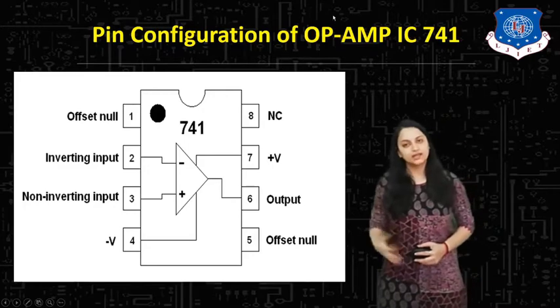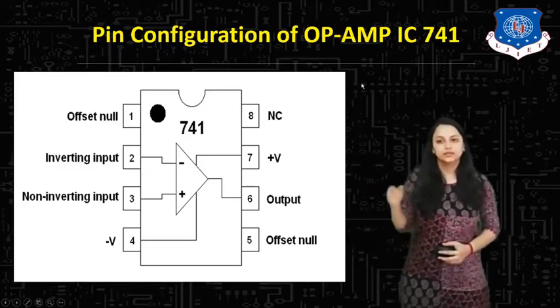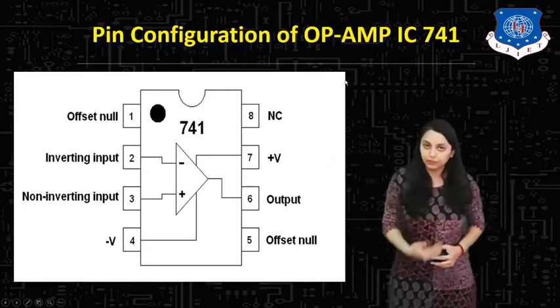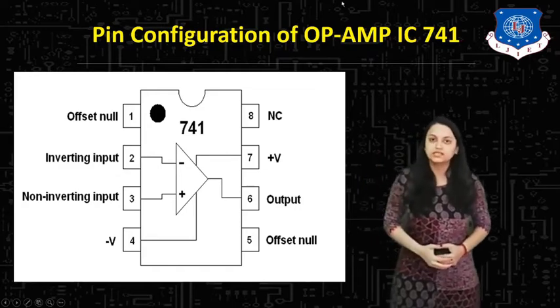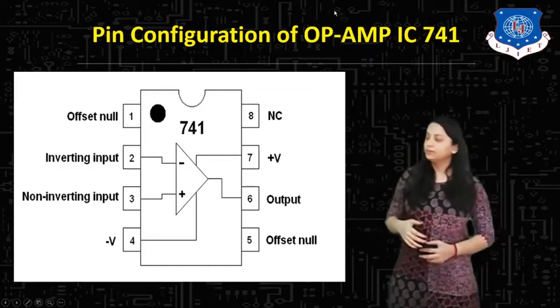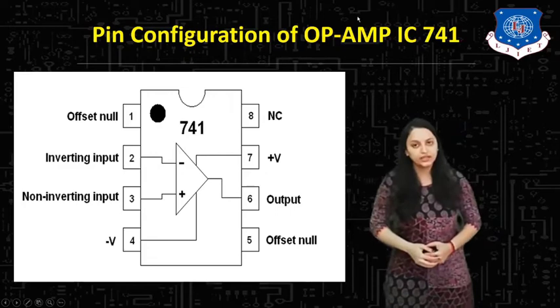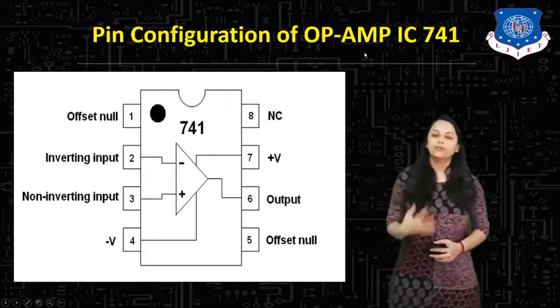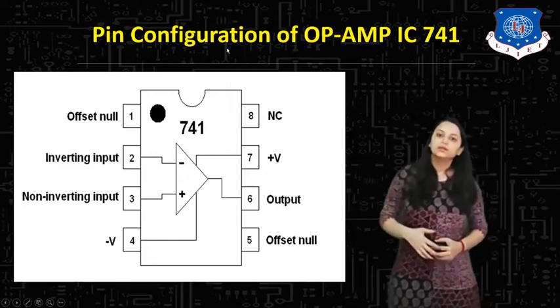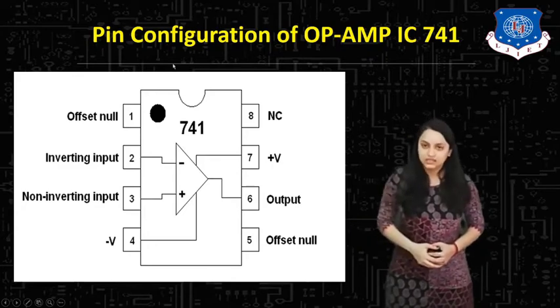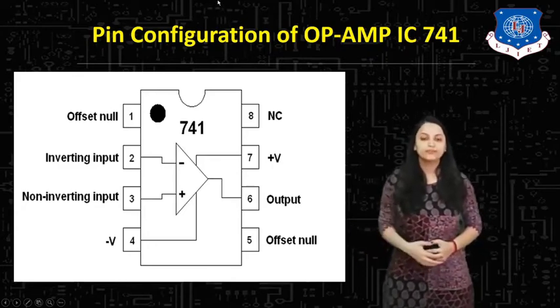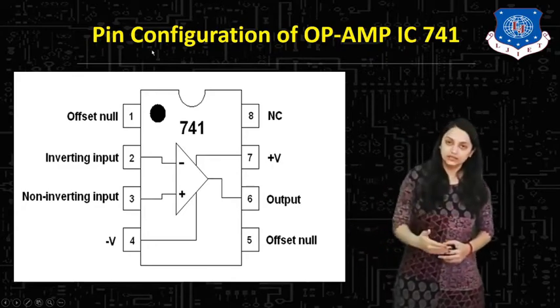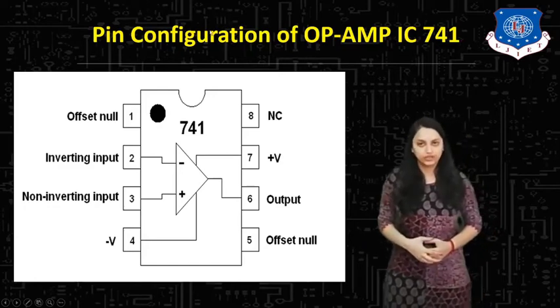Here offset null is given. Then pin number 2 is for inverting input, as we have seen in the symbol of IC741. Pin number 3 is for non-inverting input, that is the positive input terminal. Pin number 4 is of -V, that is negative voltage, or as you can say -VEE, negative supply voltage.